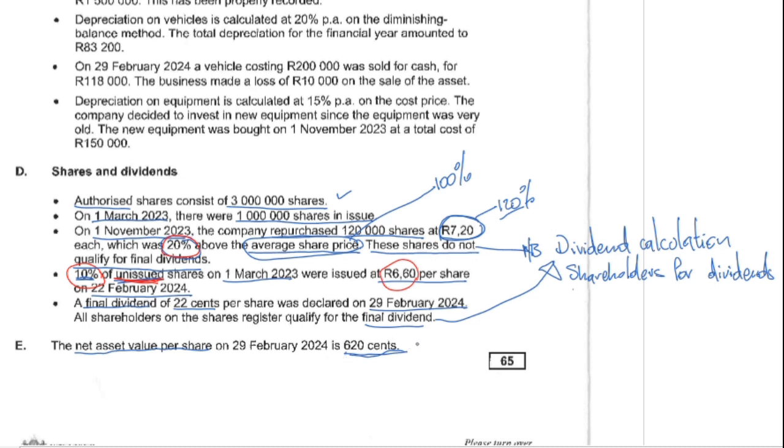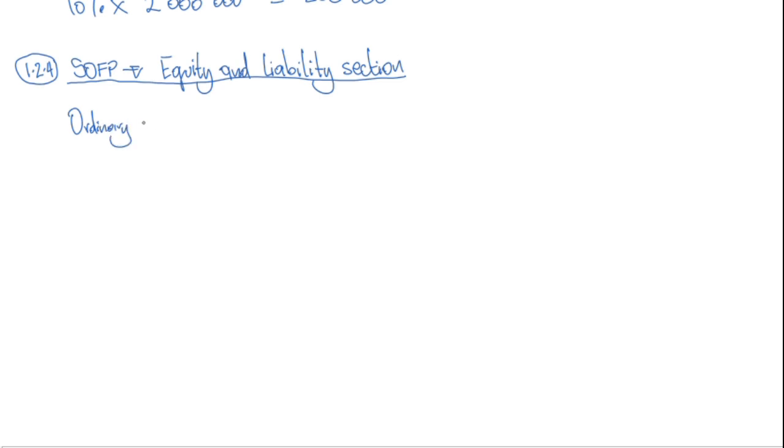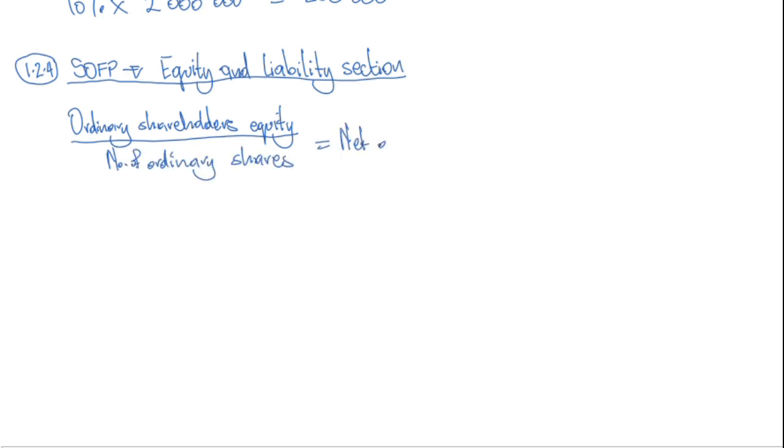In other words, 6 rand 20 cents. We know that the net asset value is calculated as ordinary shareholders' equity divided by number of ordinary shares equals net asset value per share.